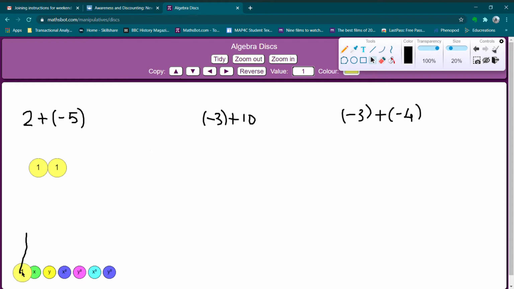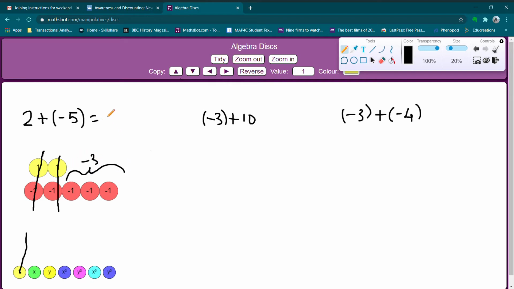Now I need a 5, so I'm going to go there and I'm going to make this reverse, which means it's a negative 1. And then I go 2, 3, 4, 5. So what I have now is a 0 pair here, 0 pair here. These three together is minus 3, and it's minus 3.